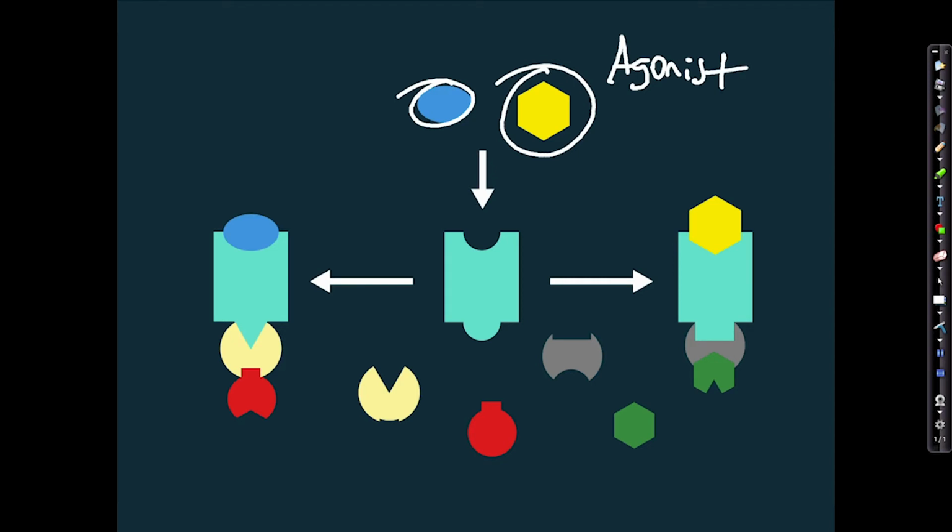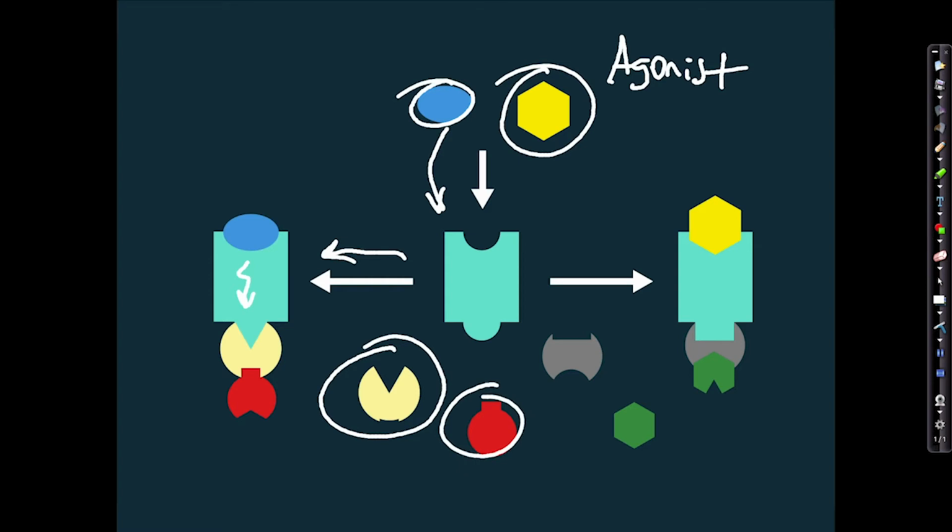Well, when the blue agonist binds to the receptor, it induces a conformational change in the receptor. We understand how that works now, which is transmitted to the intracellular domain, which causes it to interact with, in this case, this particular signaling molecule, which then interacts with this one, and we get this particular signaling pathway. This intracellular signaling pathway is activated, which ultimately leads to some kind of effect on the neuron.